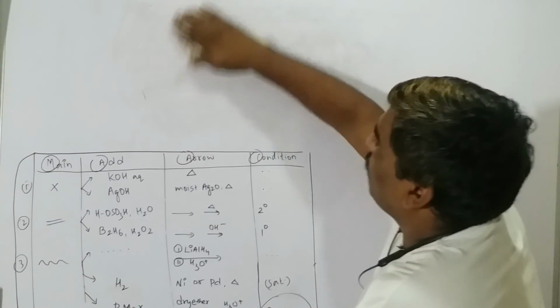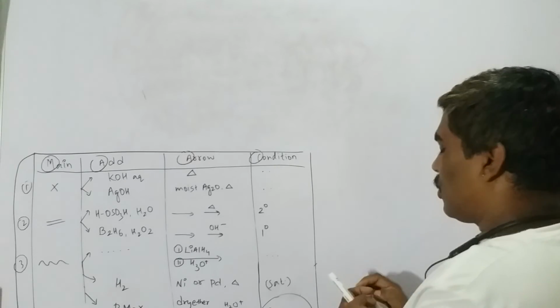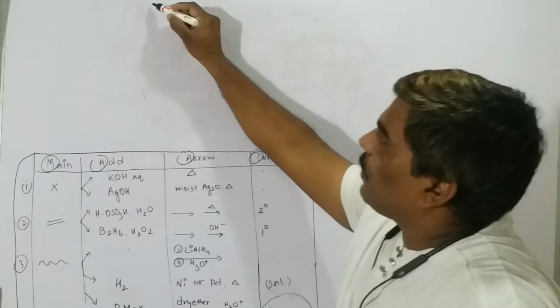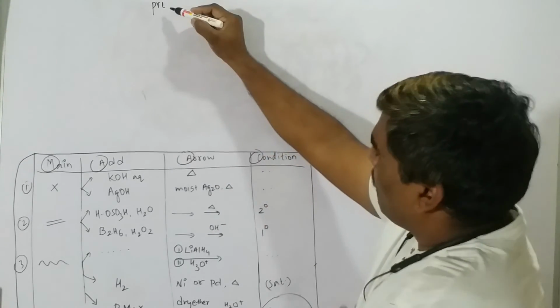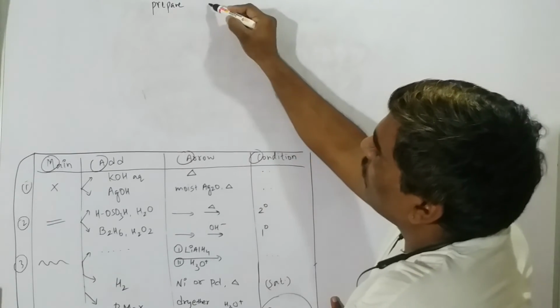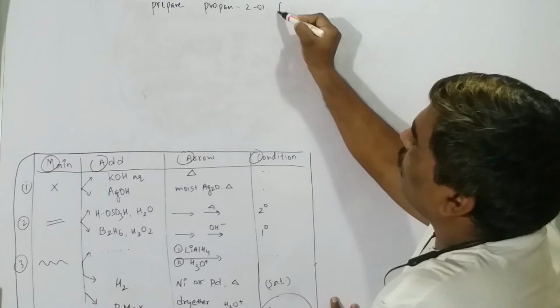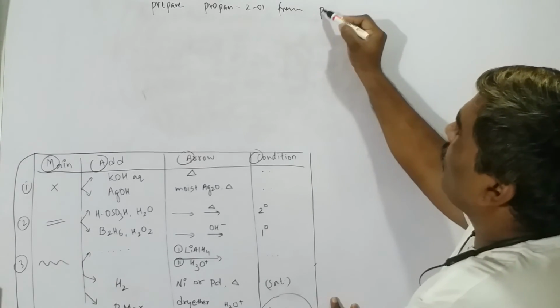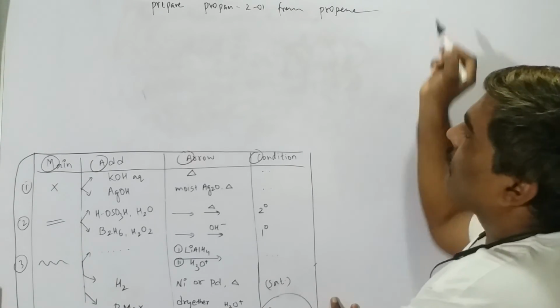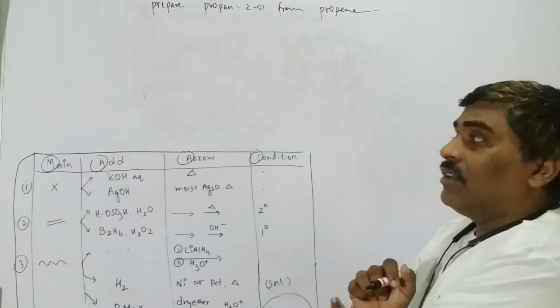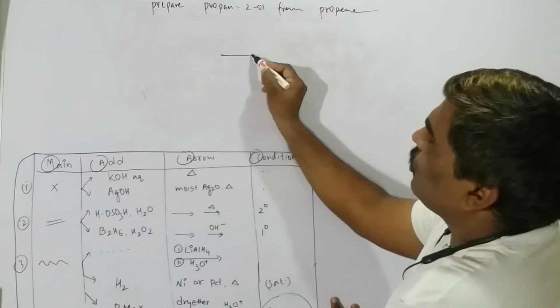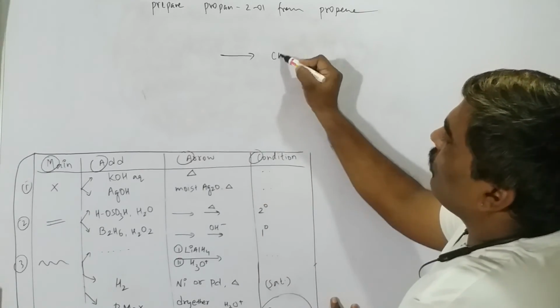Now, the last question here: if we want to prepare propan-2-ol from propene. Again, you can start the same way here. Every time you draw this arrow, what do you want to prepare?